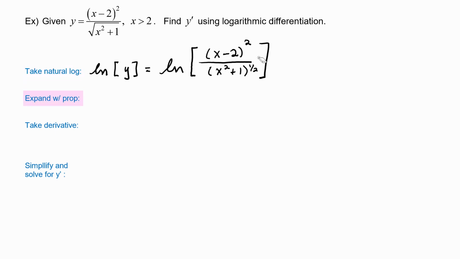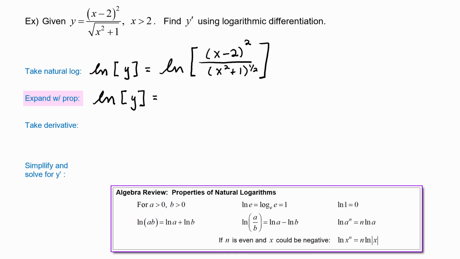Step 2 says to expand using the properties of logarithms. Nothing to expand on the left-hand side, so we just write natural log of y. On the right-hand side, we use the properties of logs, and we can expand that into 2 times the natural log of the quantity x minus 2.